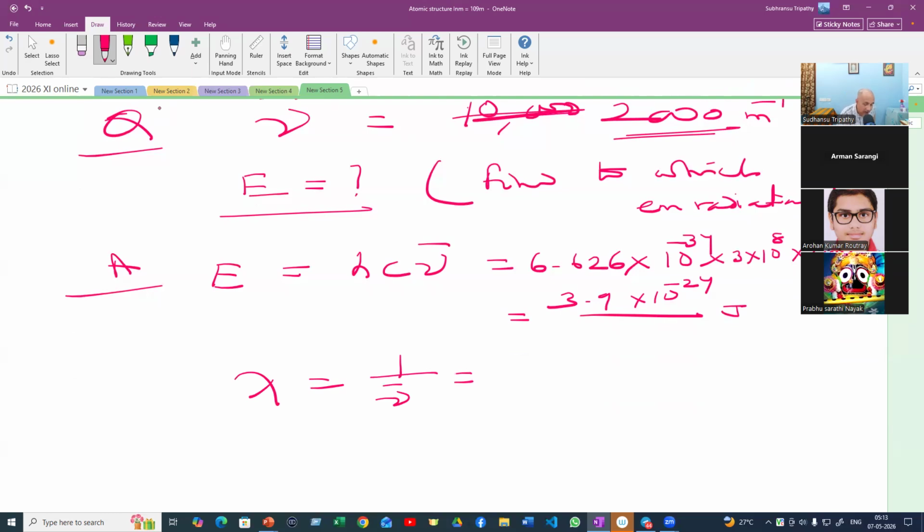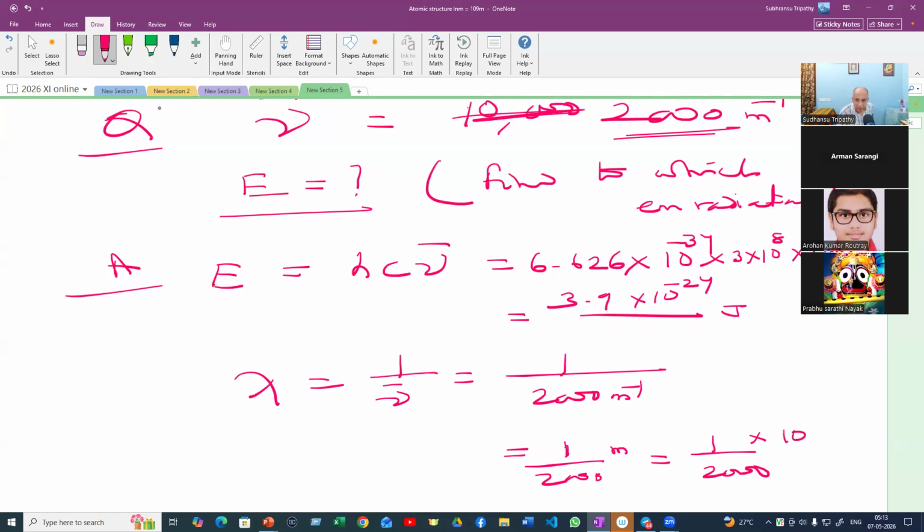1 upon wave number, and wave number is 2000 meter inverse. So that means it is 1000 by 2000 meter. 1 meter is how many angstrom? Who can tell me? Yes, 10 to the power 10.